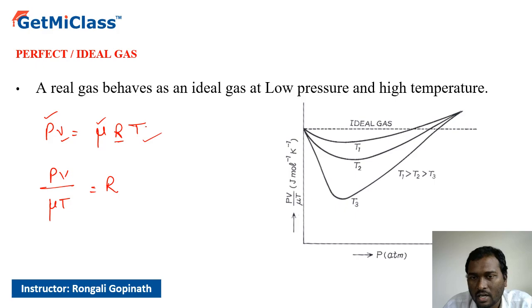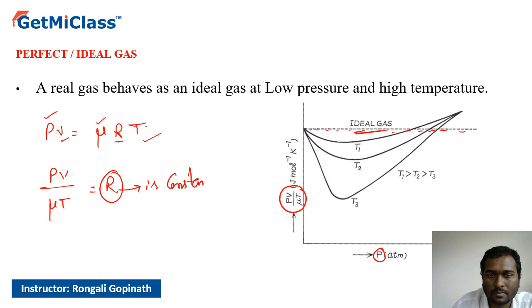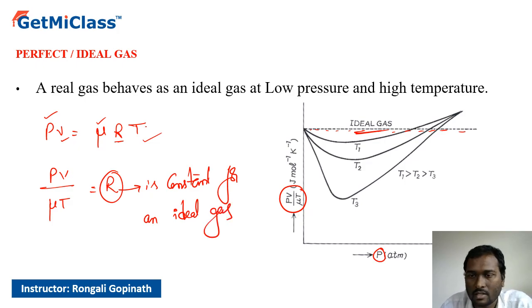But if you look at the graph over here, the dotted line represents how the y-axis is changing with respect to pressure for an ideal gas. You can see that in the case of an ideal gas, R is constant. But what happens in the case of real gases?